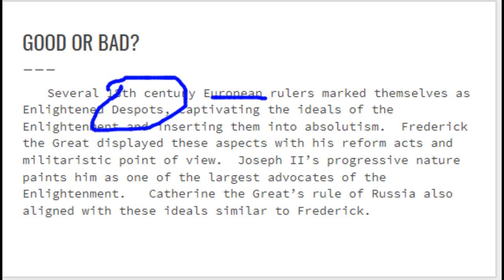So I don't know that this really truly answers the question in regards to Freddie. Right? So I might have said, while Frederick implemented some modest enlightened reforms and granted more freedoms to some Prussians, his militaristic dependency on the aristocracy prevented him from being a legitimate enlightened ruler. So I'm kind of putting him on the scale that, while though he did make some reforms, he still was militaristic and dependent on the nobility. So I'm going to put him on the scale of 1 to 10, maybe a 5.